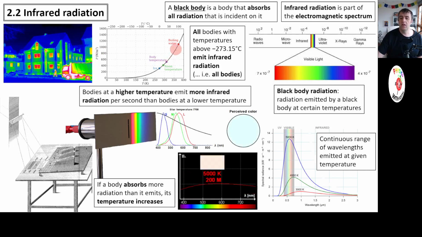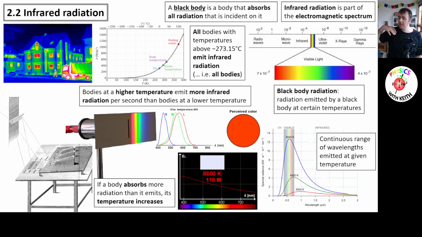So the rate of emitting infrared radiation increases as the temperature increases, and it's a non-linear relationship. That means drawn on a graph, it's not a straight line, and not directly proportional. All we can say is as one increases, the other increases. So body temperature is around here, boiling water is up here, and so on.